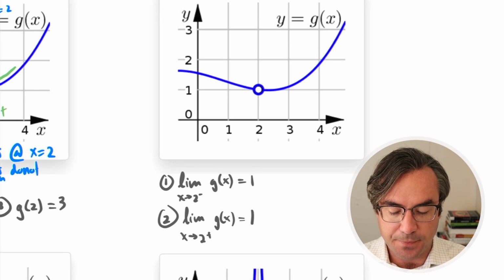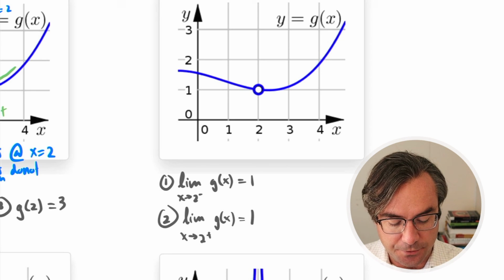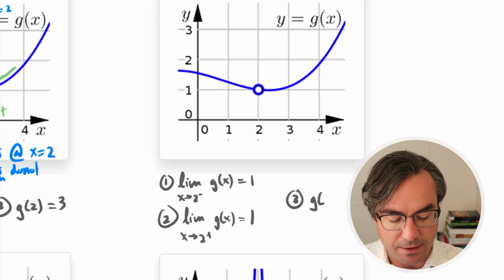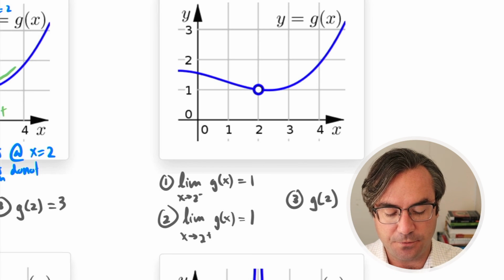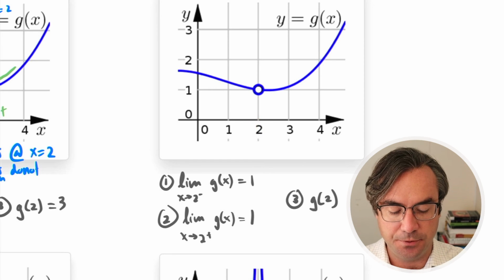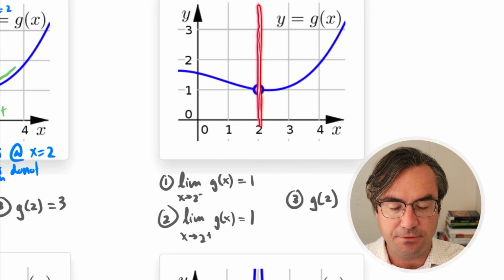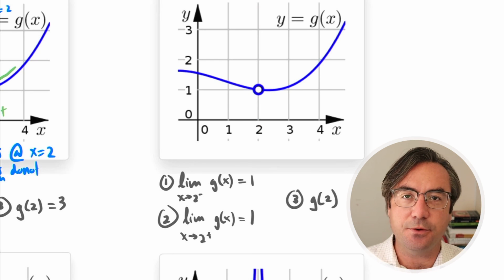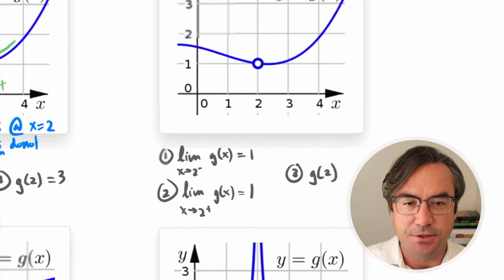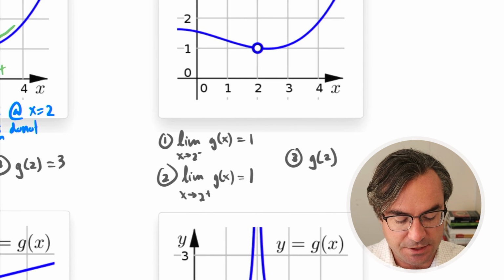And then finally, the third thing we need to do is, what's going on directly at x equals 2? So we look for our filled-in point. We find x equals 2, and we search up or down, wherever we need to look for the filled-in point. And there is no filled-in point. So g of 2 does not exist.